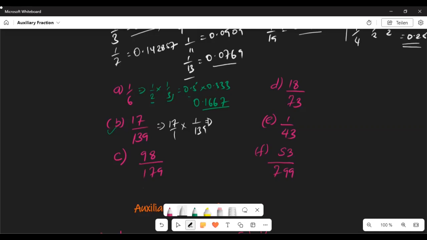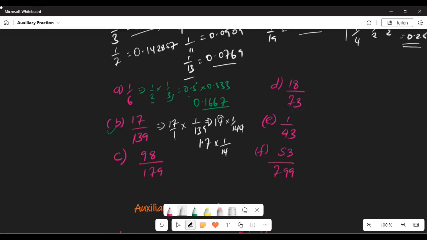So how about if we say now we have 17 multiplied by 1 over 140, that is what we call auxiliary fractions, where since we don't have only 1 here, the idea is we promote 139 to 140, and then this 0 will make us go back so that we have 1.7 multiplied by 1 over 14. So this is also easy.